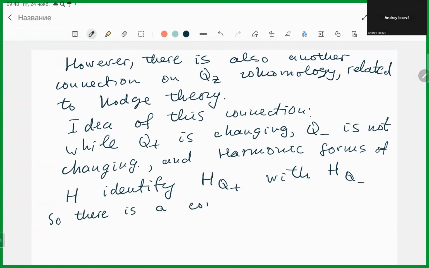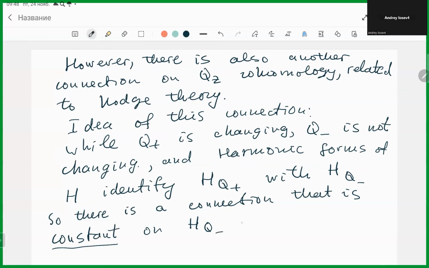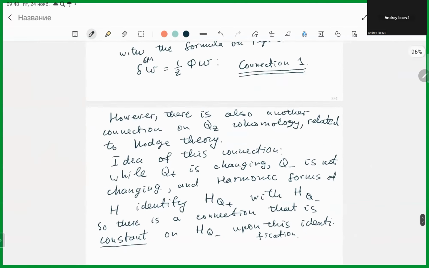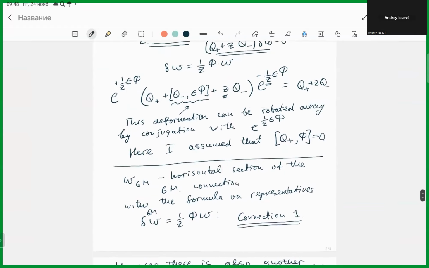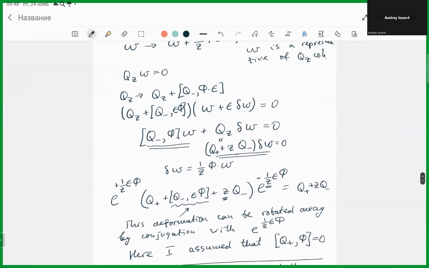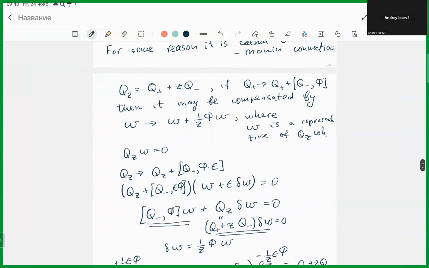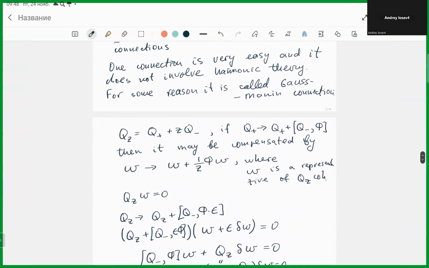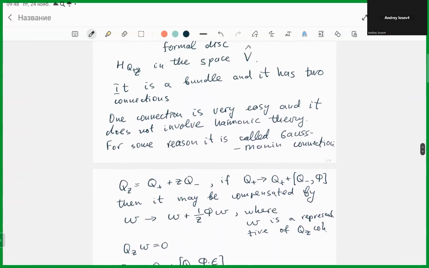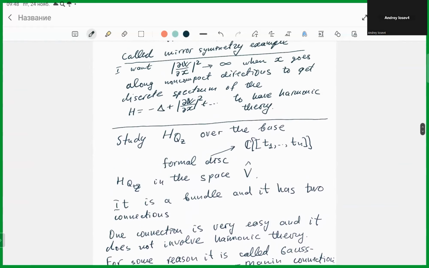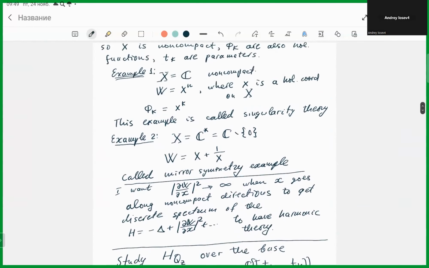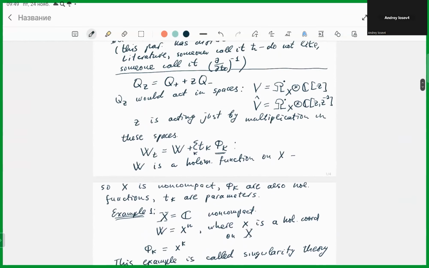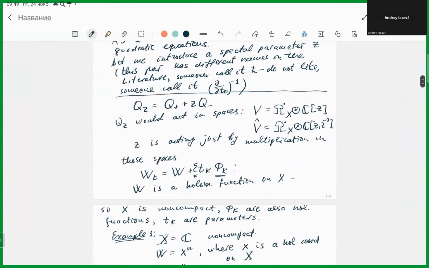So there is a connection that is constant on cohomologies of H of Q minus upon this identification. So here I show you the big picture, that there is a harmonic theory here.